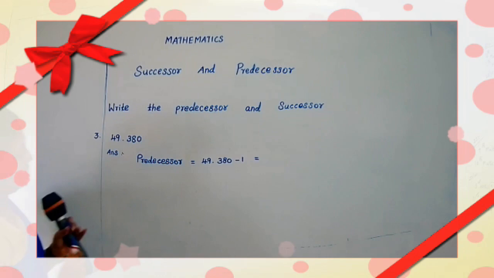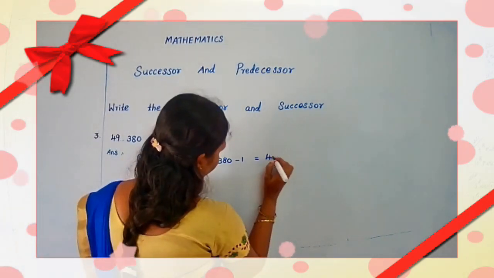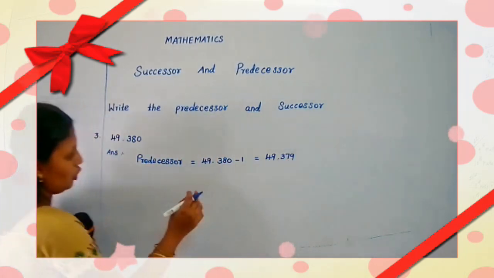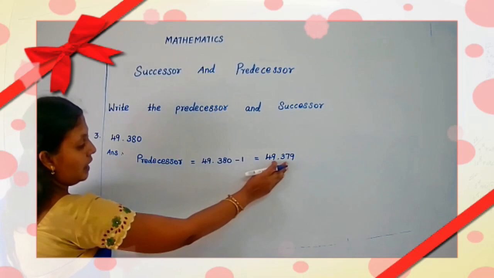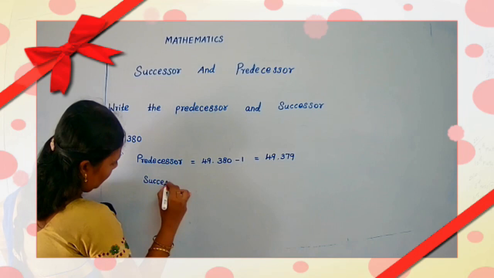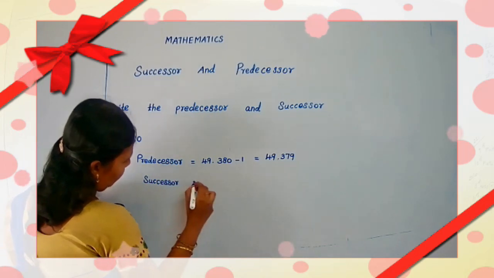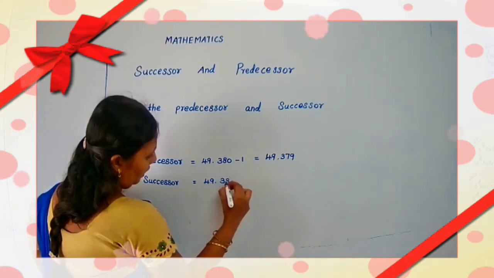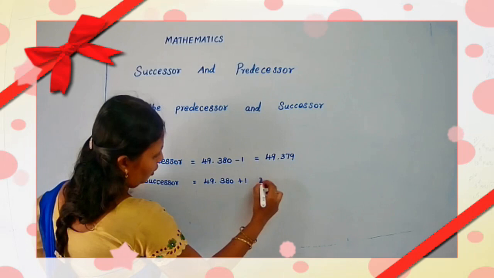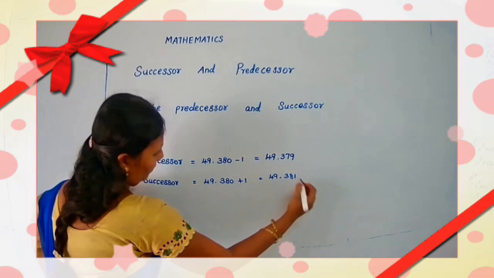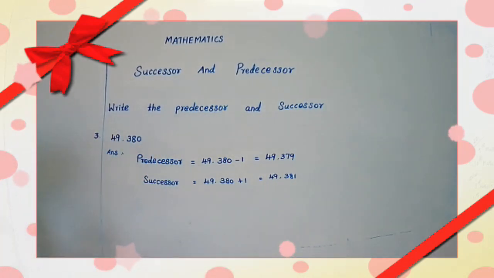Subtracting 1 means 49,379. Yes or no, ma? 80, and subtract 1 means 379. Then successor, S U C C E S S O R, successor. First, you have to write the given number. 49,380 plus 1 is equal to 49,381. Okay, ma, 49,381.